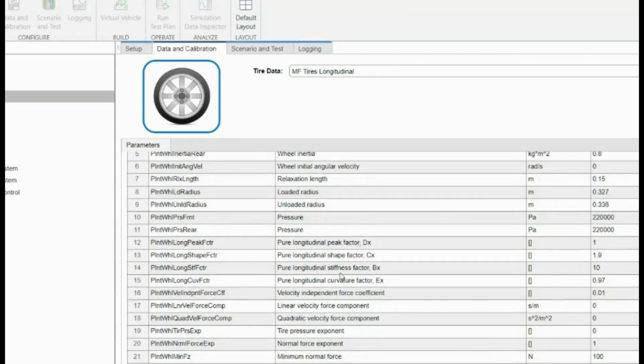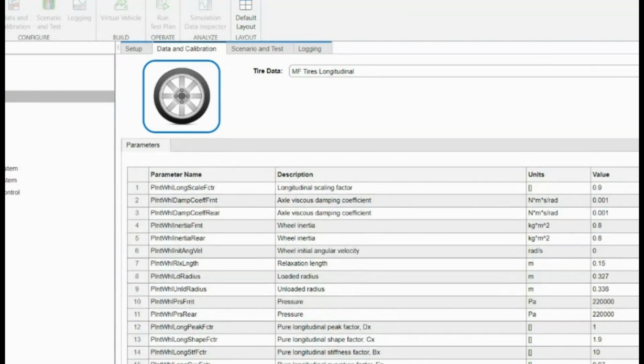In short, with simulations, the more data we provide, the more accurate the simulation results will be. These models have pre-filled data.